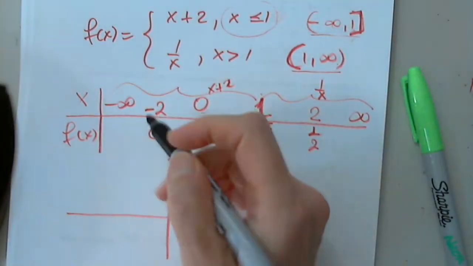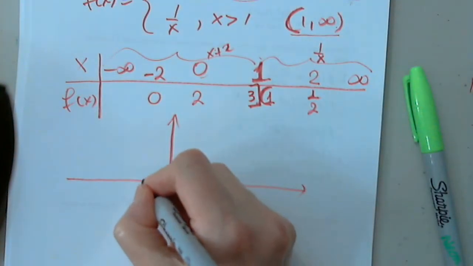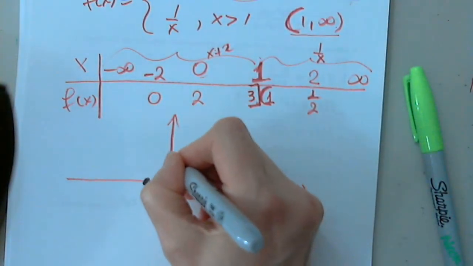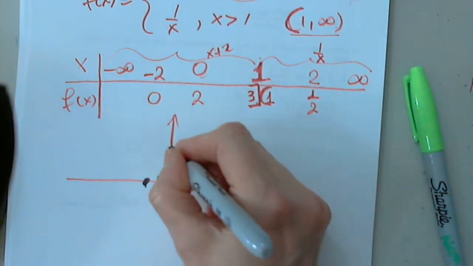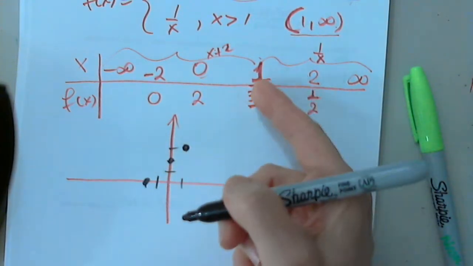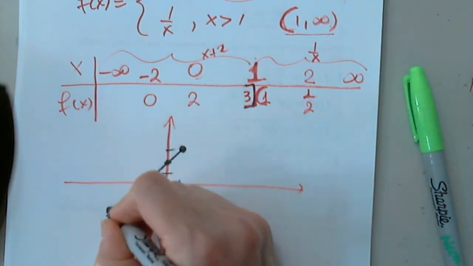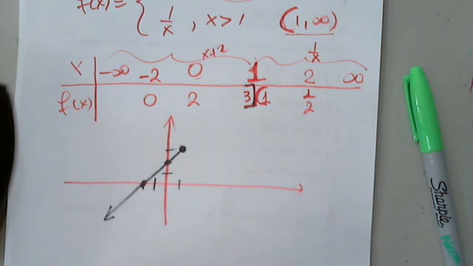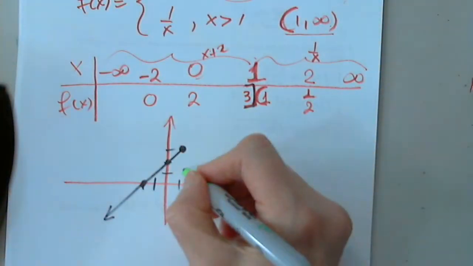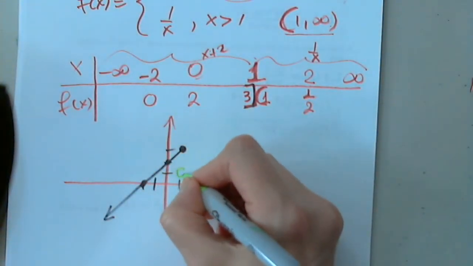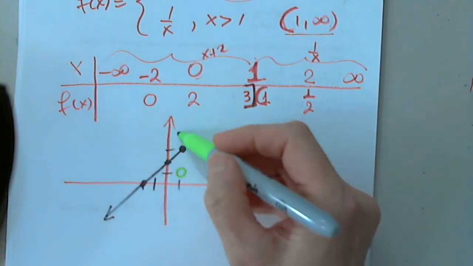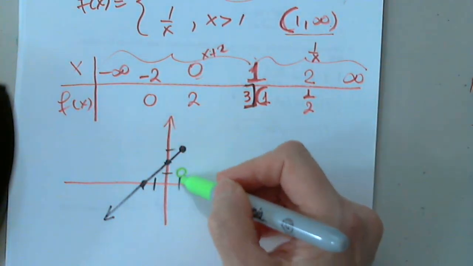So -2, 0 is right here. 0, 2 is right here. And 1, 3 is right here. All full points because of the bracket. And I see this is a line, no problem. I'm done with this. I put it aside. Okay, then I have from 1, 1, but this cannot be a full point because then the function will not be a function.